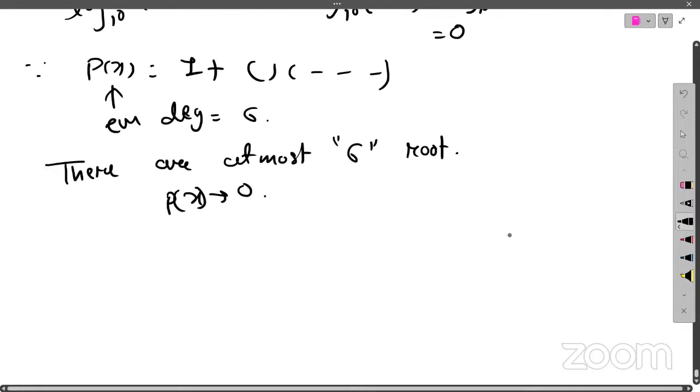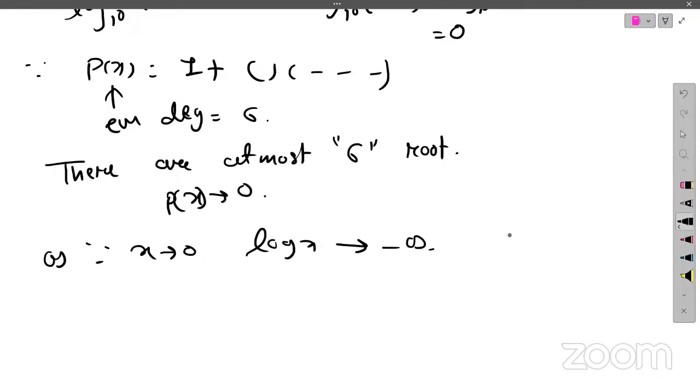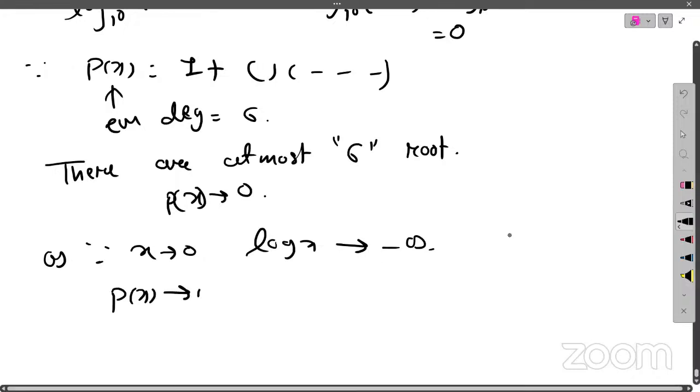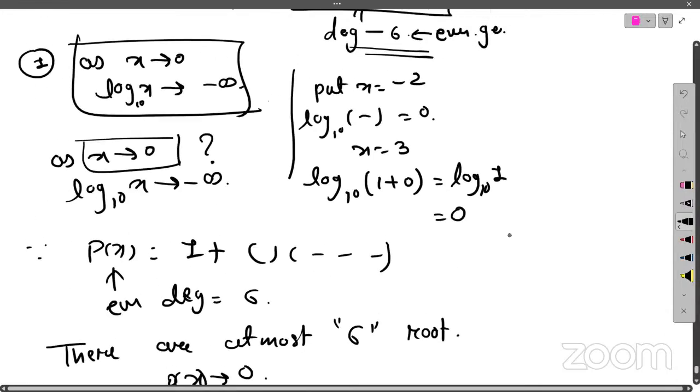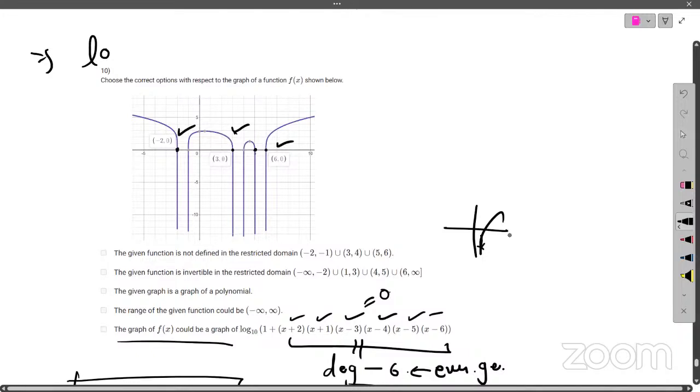Here you observe that since we know that as x goes to 0, log of x goes to minus infinity, as p of x goes to 0, log of p of x will also go to minus infinity. So there will be 6 roots where such minus infinity behavior is happening.